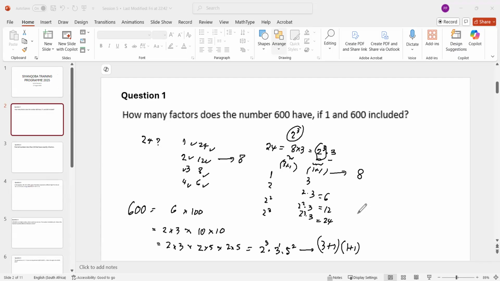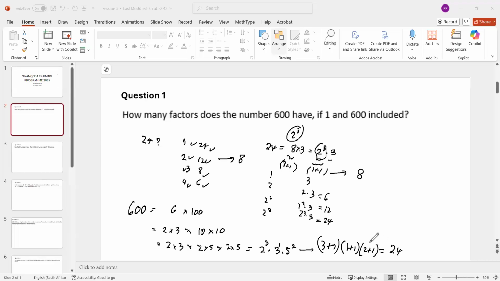Right? And 5 squared will be 2 plus 1. So you multiply all these, and that will give you the total number of factors. This is 4 times 2, which is 8, times 3, which is 24. So that tells you that 600 has got 24 factors.